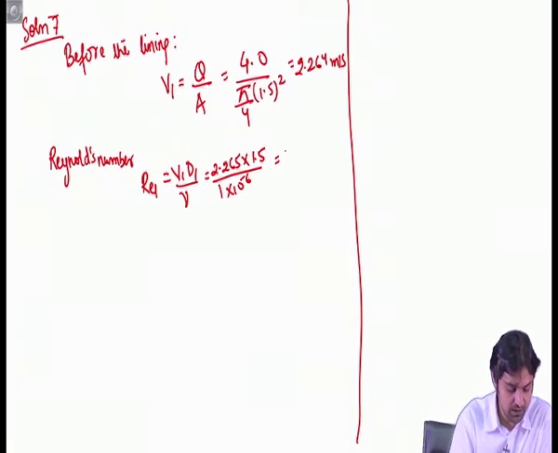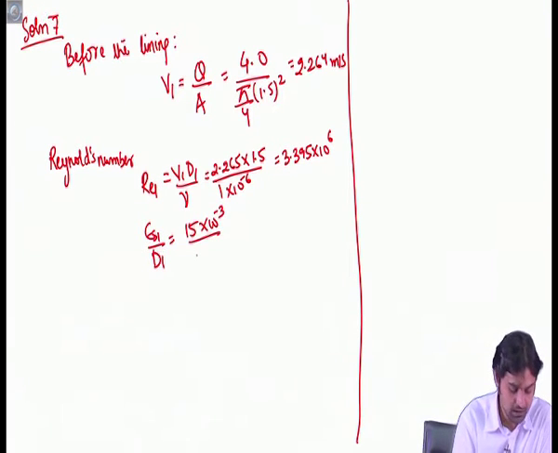So Reynolds number comes out to be 3.395 into 10 to the power 6. Similarly, epsilon S1 by D1, the value we have already been given in the question, is 15 into 10 to the power minus 3 meter divided by 1.5. So it comes to 10 to the power minus 2.